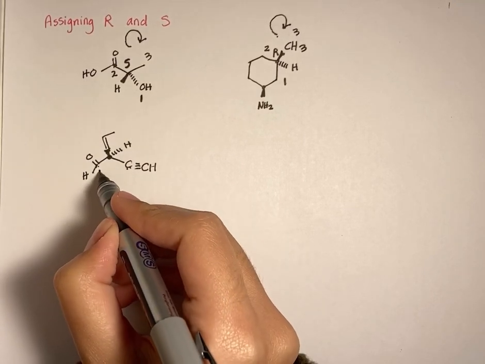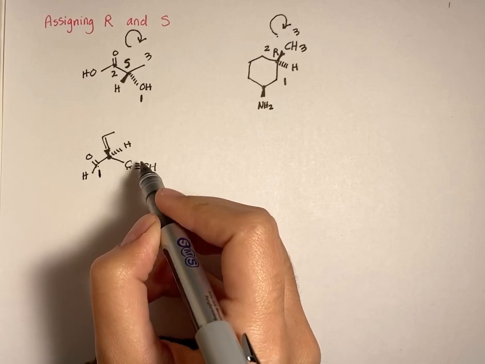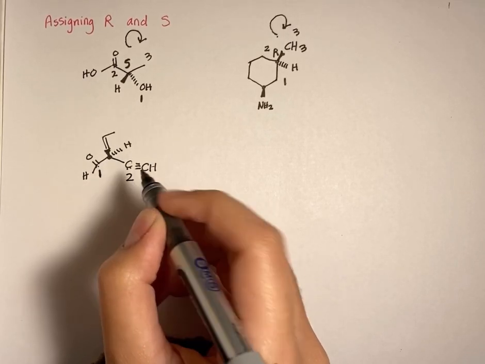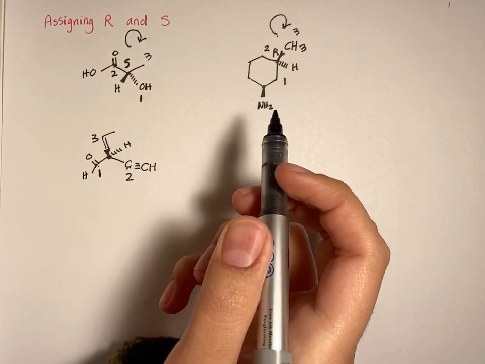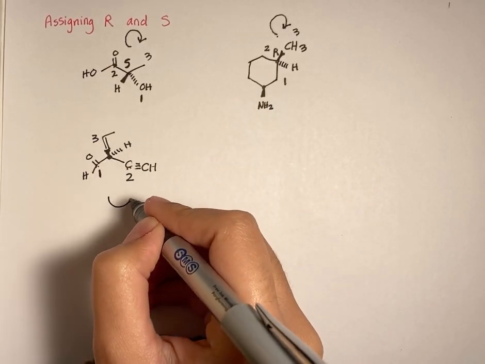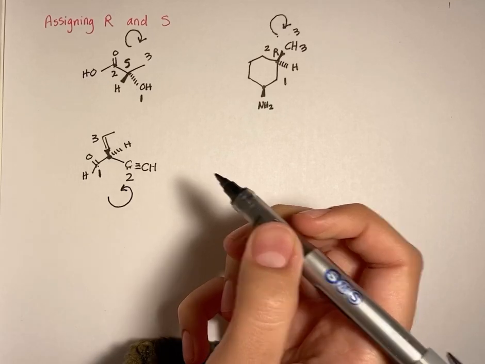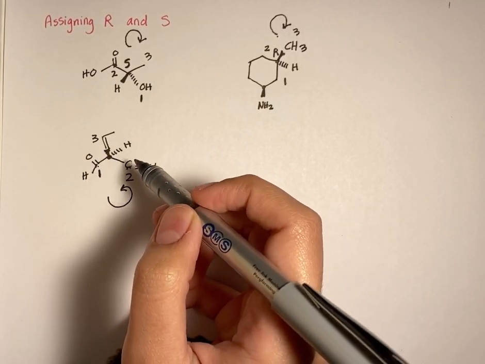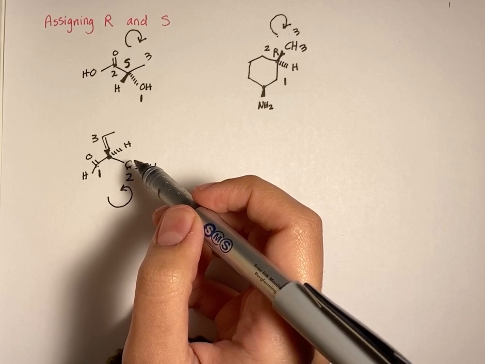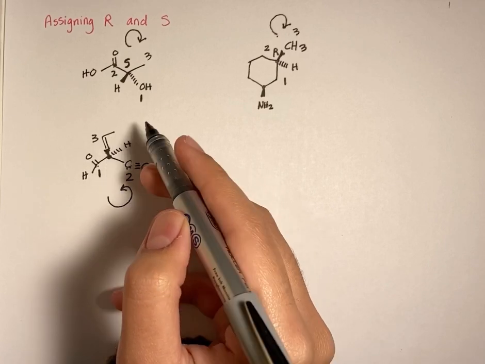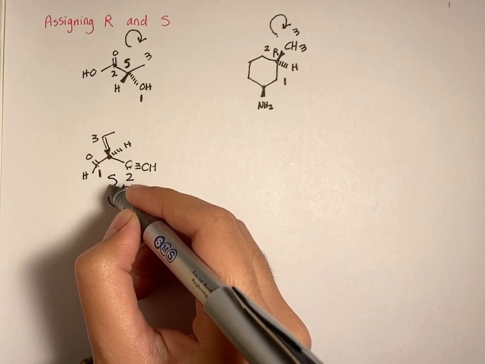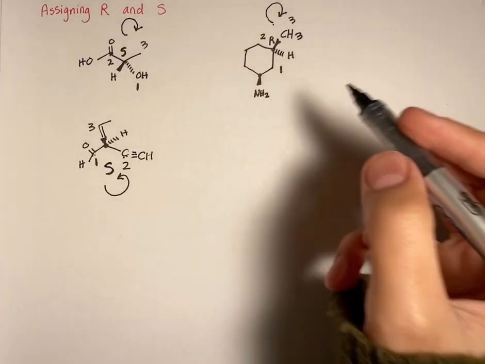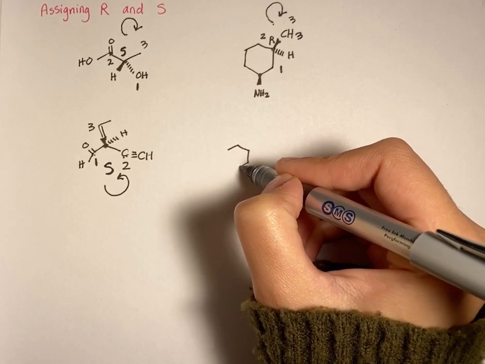So 1, and then comparing these two, it's obvious we have a triple bond versus a single bond, so it gets the second priority and then the third priority. Therefore we go like this, and we have it going counterclockwise, therefore it should be S, and hydrogen is to the back, so the real assignment is S.